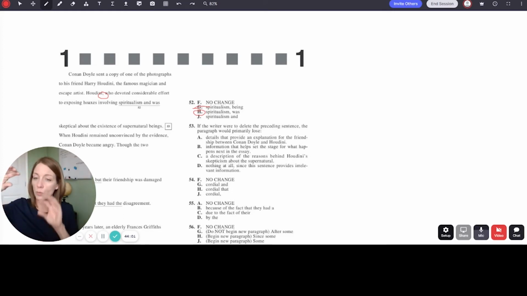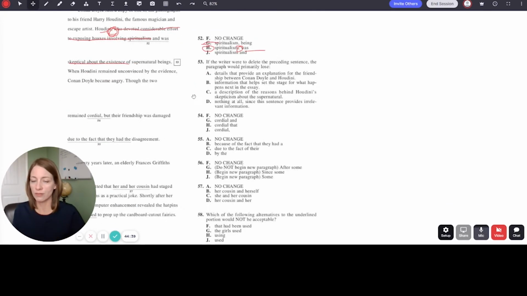Okay, so Houdini was skeptical. If you need to feel really good about this, remember those non-essential phrases that you're setting off with commas: take it out. And if you could say Houdini was skeptical about the existence of supernatural beings, okay? That comma here lets me know it needs a partner. There's its partner. Houdini was skeptical about the da da da da. If you did something else, you would be taking away the verb that you need for that sentence. You have to have your subject and your verb for that sentence.